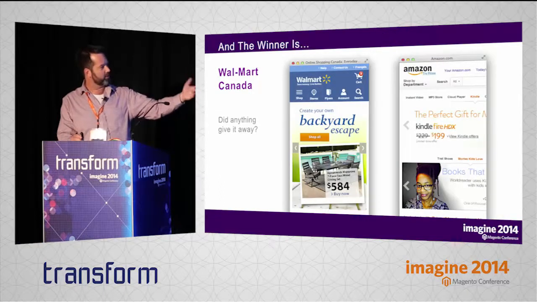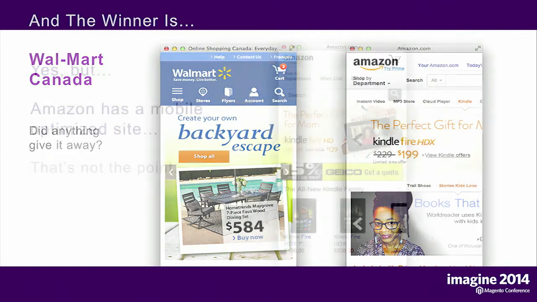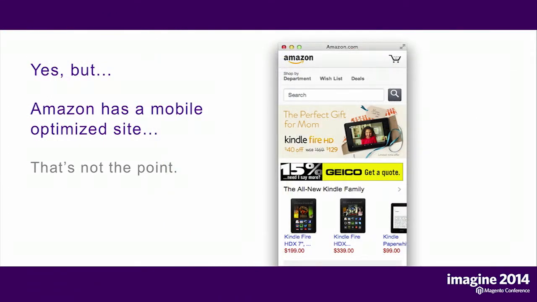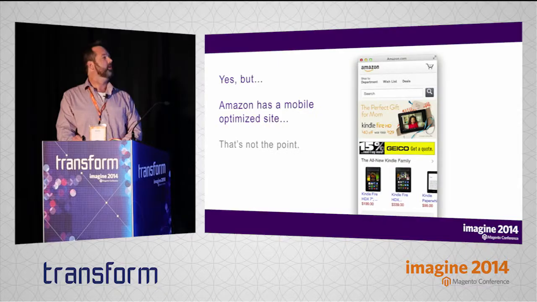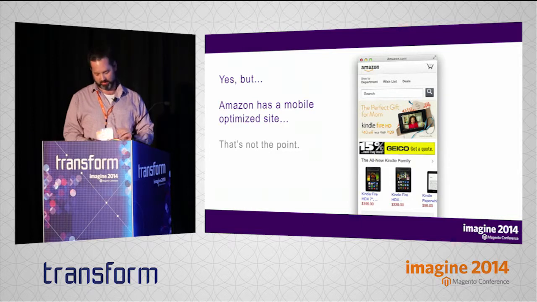So you can see here, when shrunk down, Walmart Canada, very nice. Amazon, you can just see where the desktop experience gets cut off. So what gave it away? It's true. Yeah. I know. Amazon.com has a mobile optimized site.